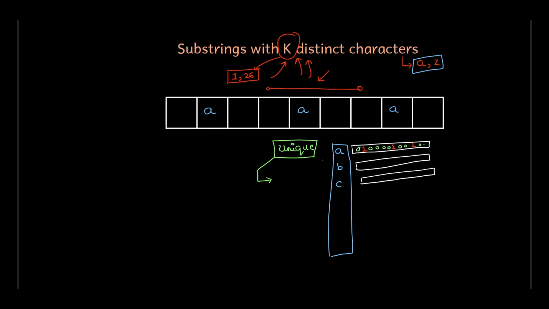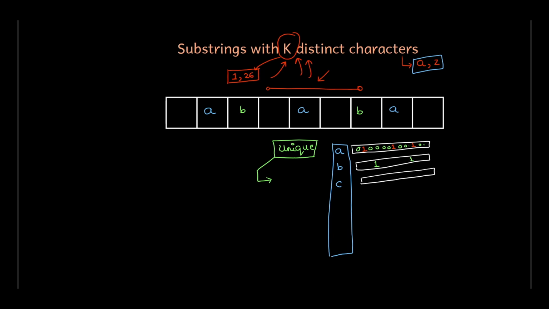You repeat the same thing for B. Suppose B appears over here and over here. So you add a 1 at each location that B appears, right after the 1 over here, after A, and also over here.